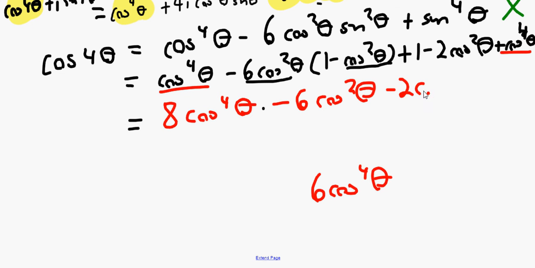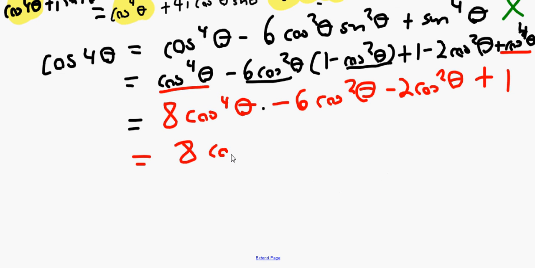Minus 2 cos squared theta plus 1. We're very close to the answer now. And what's the answer? Anybody? 8 cos 4 theta minus. Yeah. And then plus 1. We're done. Alright.